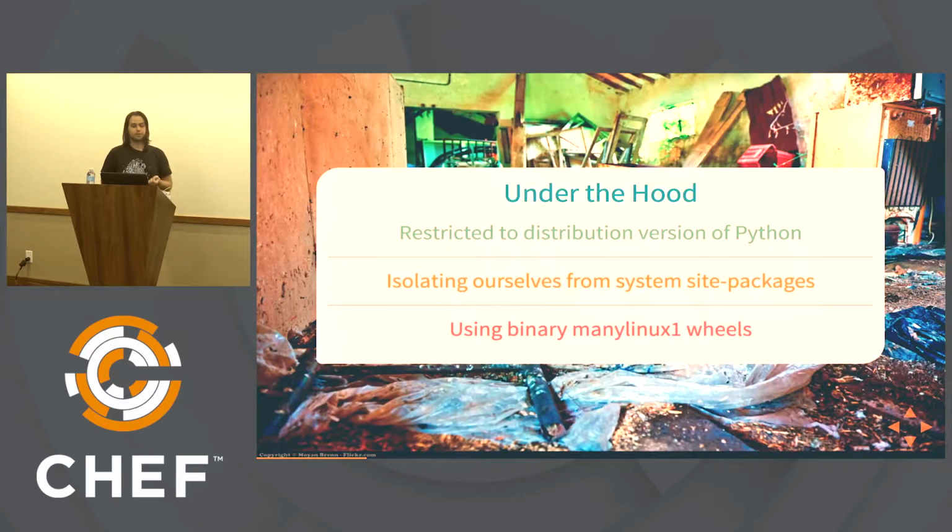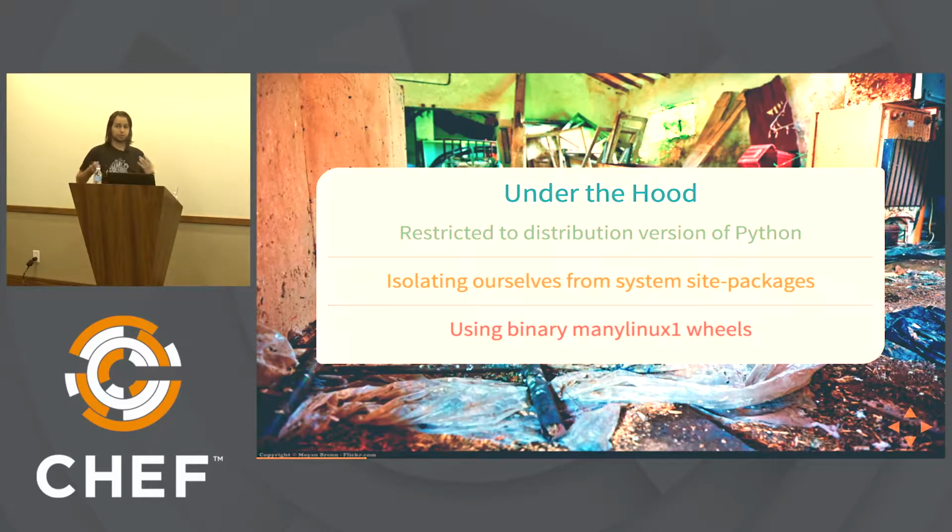Now, under the hood, this gets a little bit more complicated. Obviously I mentioned we're restricted to distribution versions of Python under this philosophy. We're isolating ourselves from the system site packages, which is why we're doing that. And then also using manylinux binary wheels. If you're not familiar with what these are, they're binary compilations of Python packages.